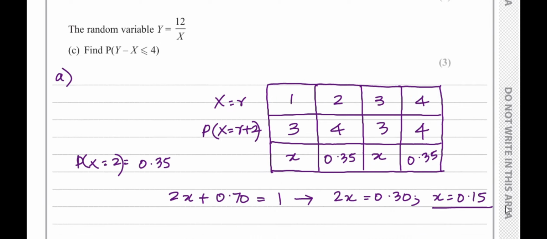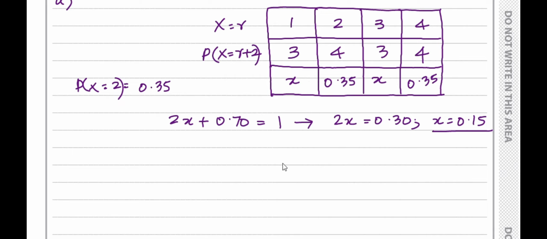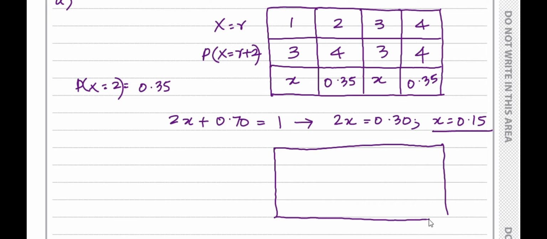Underline. Now we need to answer the question clearly. The question says draw the probability distribution. So again we need to draw the table. This time we have to write the correct probabilities for each of them.